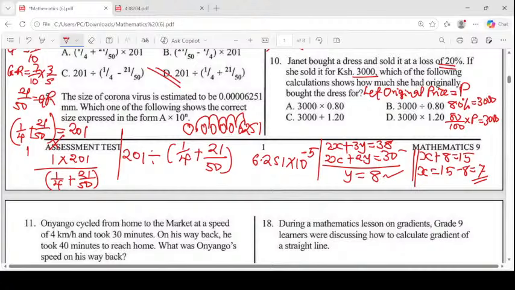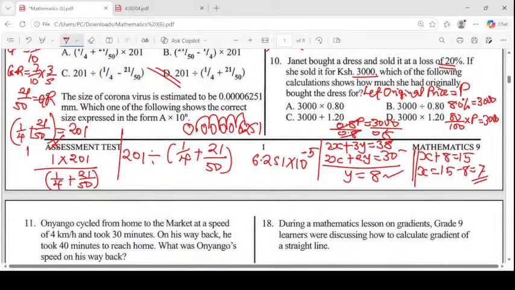To find P, we need to divide. Remember, 80 over 100 times P is equal to 3,000, and 80 over 100 is 0.8. This means 0.8 P is equal to 3,000. To get the value of P, I divide here by 0.8, and I also divide here by 0.8.